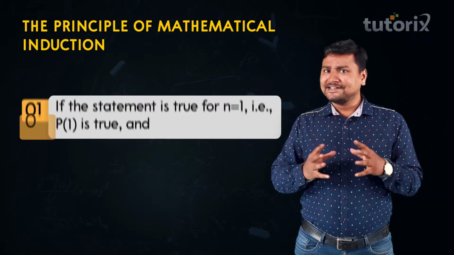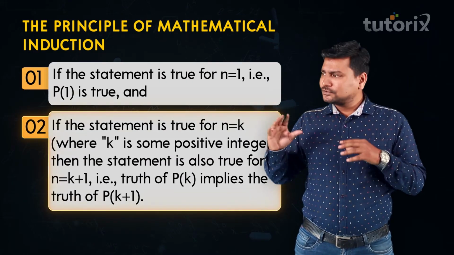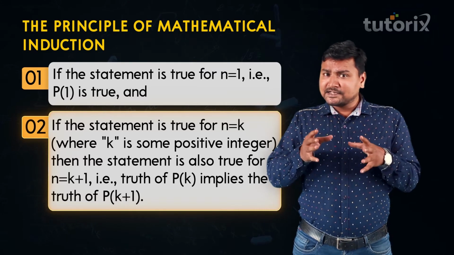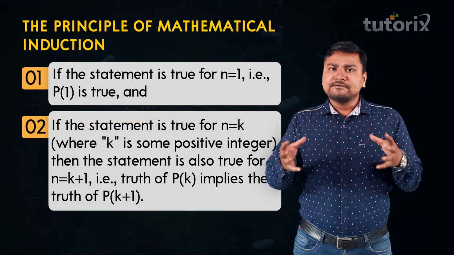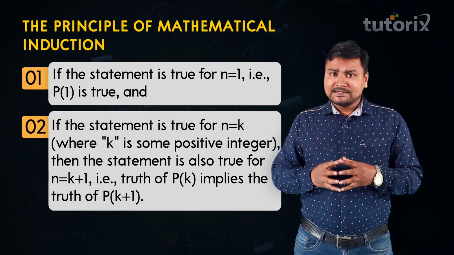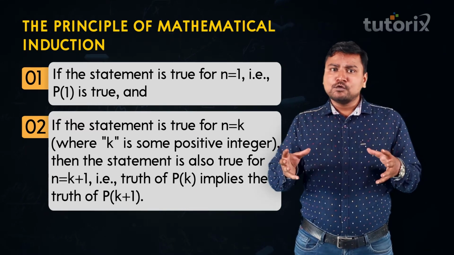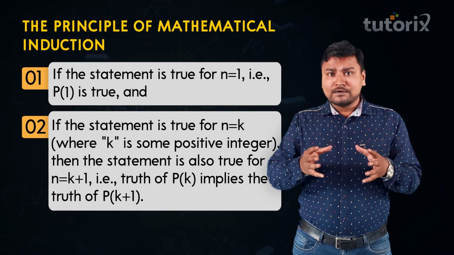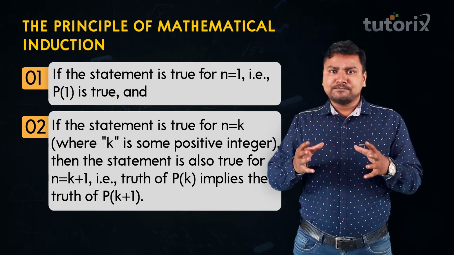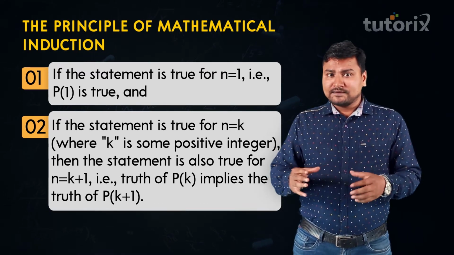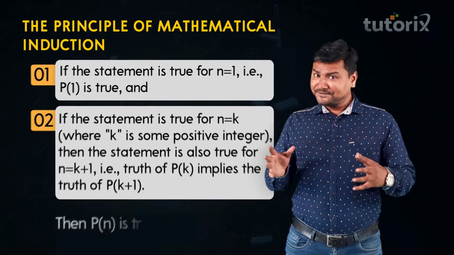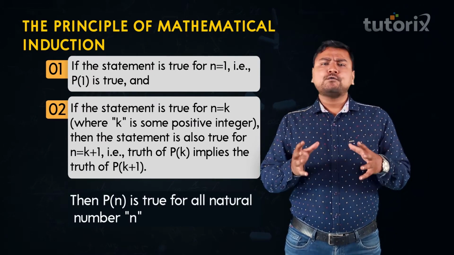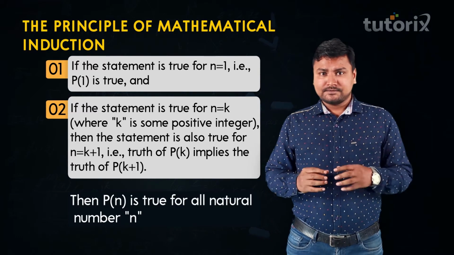Before that, let's read property number 2. This property says that if the statement is true for n equal to k, where k is some natural number, then the statement is also true for n equal to k plus 1. That is, the truth of Pk implies the truth of Pk plus 1. So if these two properties hold, then we can say that Pn is true for all natural numbers n.